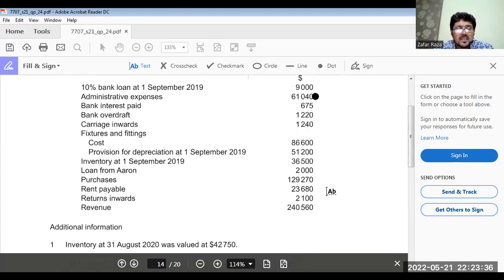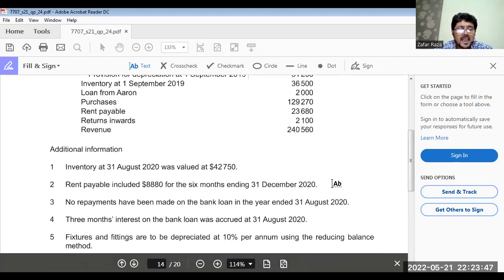Loan from Aaron, it's given. Rent. Rent payable we have to include, 23,680. Rent payable included 8,880 for the 6 months ending 31st December.